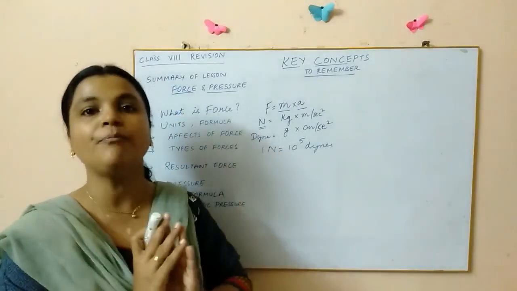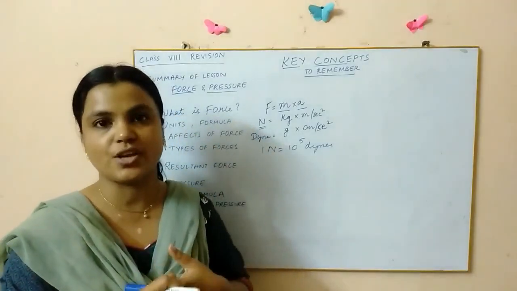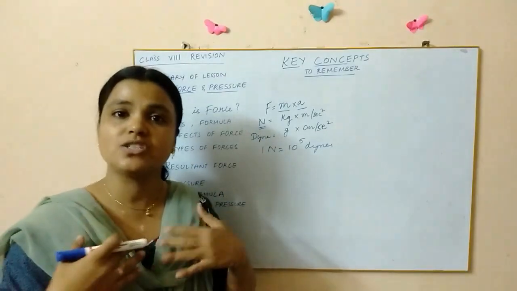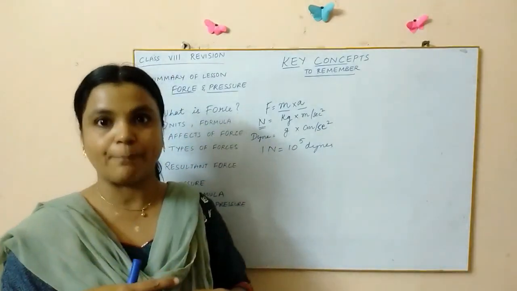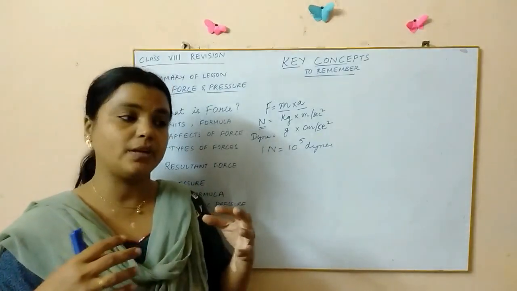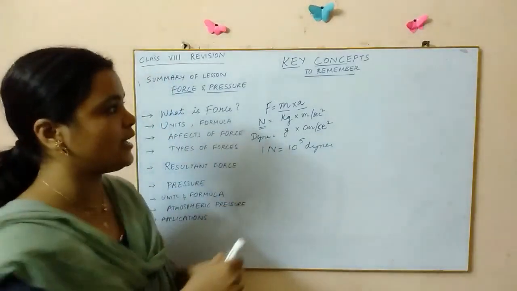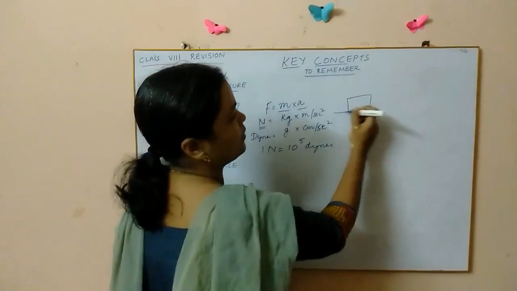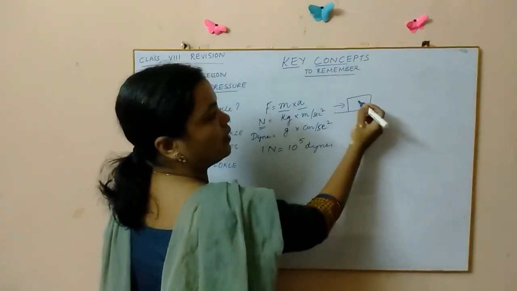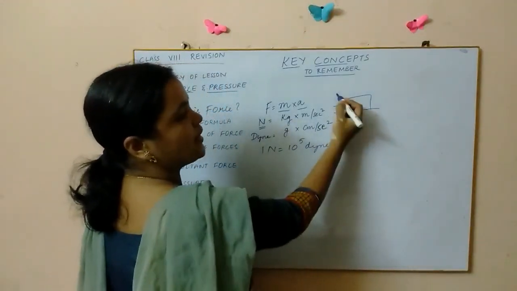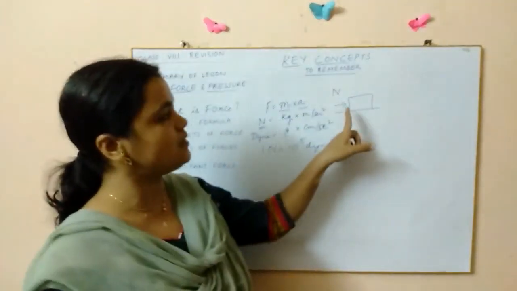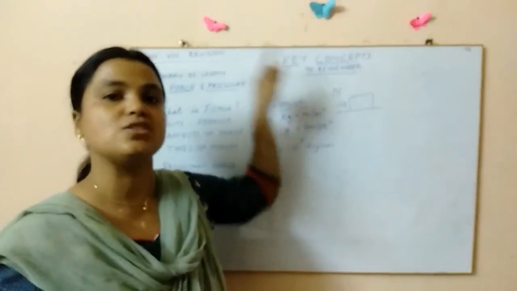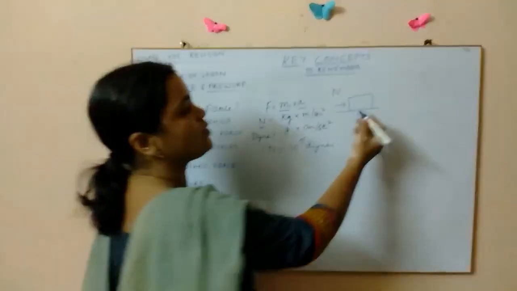If I am pushing a block or any chair or anything, it's not just my force that counts. There are so many other forces that come into play. For example, if I'm pushing a box in this direction, applying some force of some x newtons, then the box experiences not just this force but many forces.